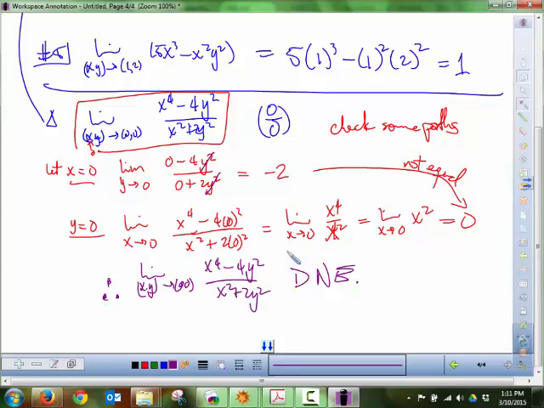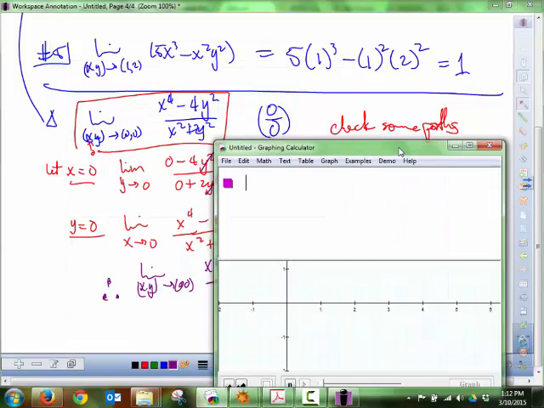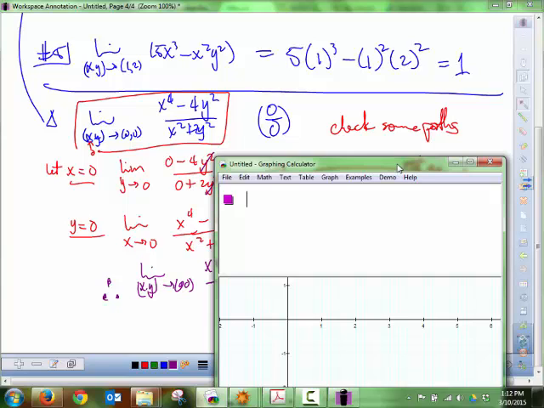Unlike the pre-calculus or calculus versions of these functions, you can easily see the discontinuity in a two-dimensional graph. For these three-dimensional graphs, it's a little more difficult. So I think it's worth looking at how this function would look and how it becomes discontinuous at (0, 0). So let's graph this.